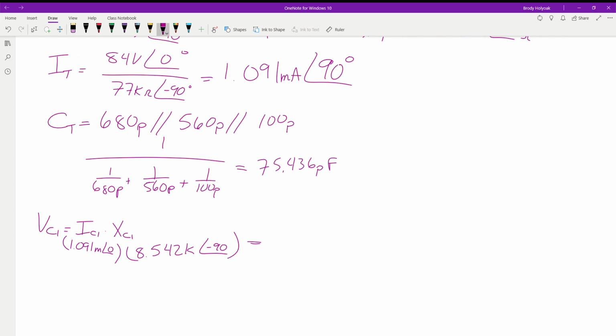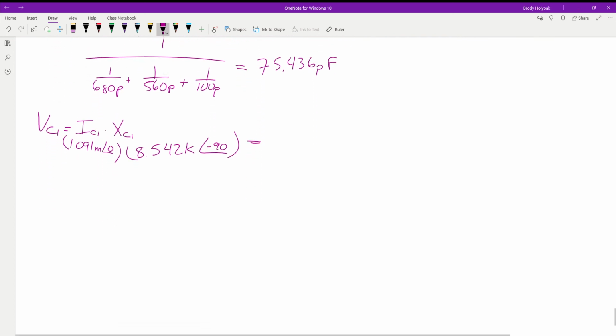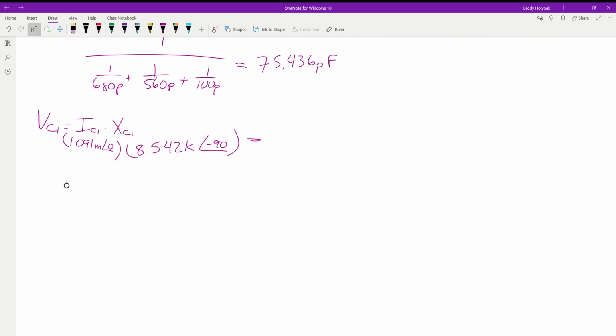$926. Okay. What values did you type into your calculator? Because your values are close, but you're off on your magnitude. You're a little too small. Okay, so the current going through our capacitor is going to be the 1.91 milliamps.